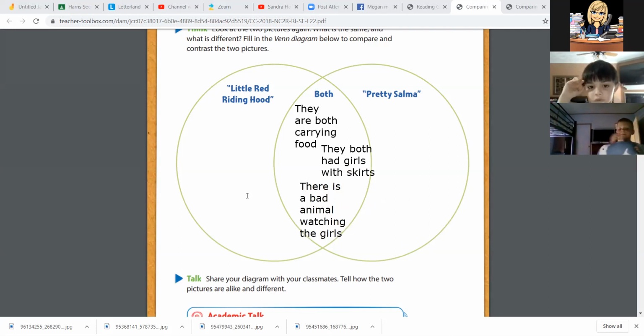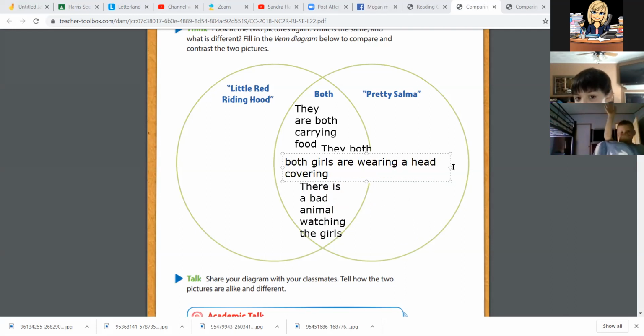Mhm. Can you think of anything else they both have, Alex? They both had head wearing. All right, now let's contrast.